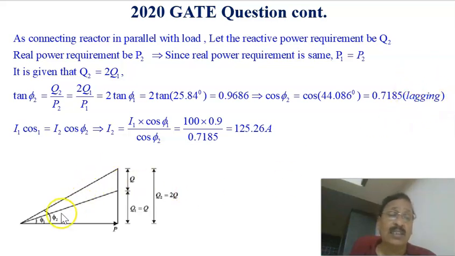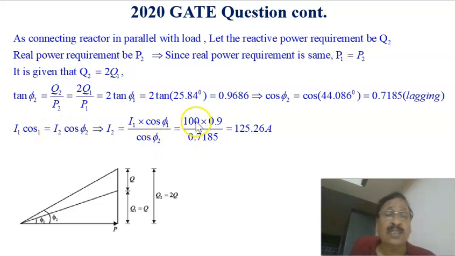Now, since the power factor is reduced, of course, the current will increase. How much is the current drawn when you are connecting a reactor parallel to the load? Since the real power is the same, I1 cos phi 1 equals I2 cos phi 2, so I2 equals I1 cos phi 1 divided by cos phi 2.